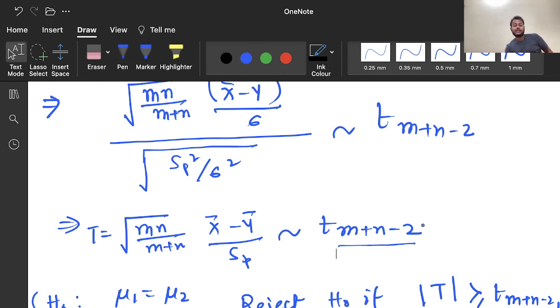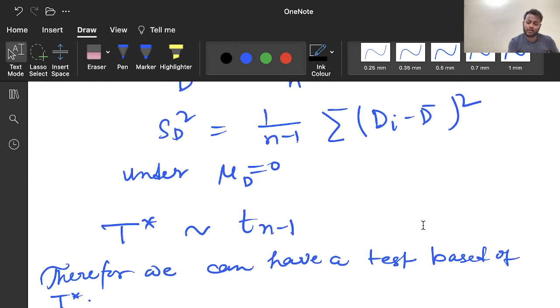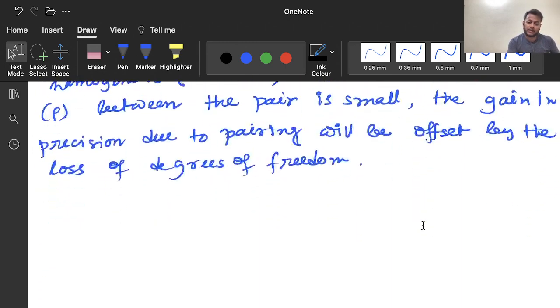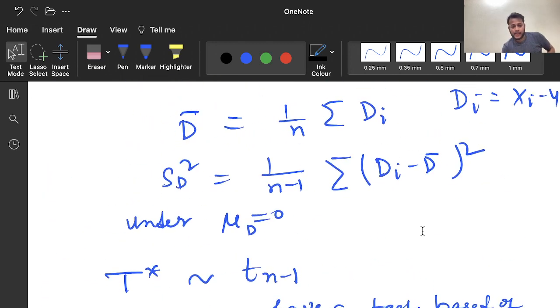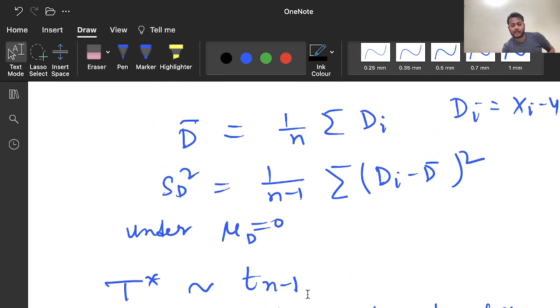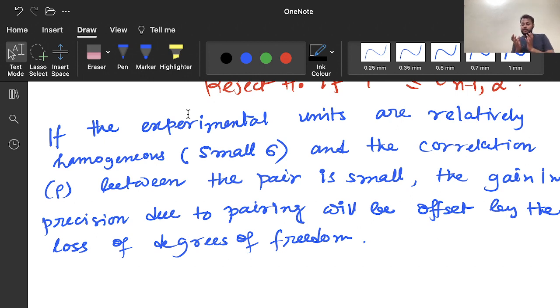And here, if both sample sizes are n, we get only n minus 1, so that is actually half. So the precision from pairing will be offset by the loss of degrees of freedom.